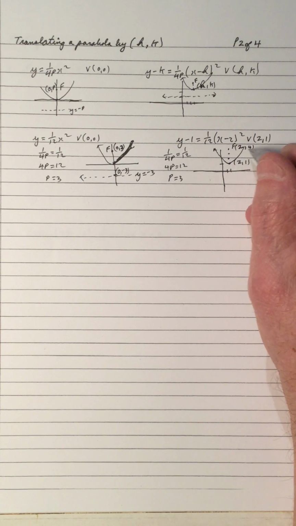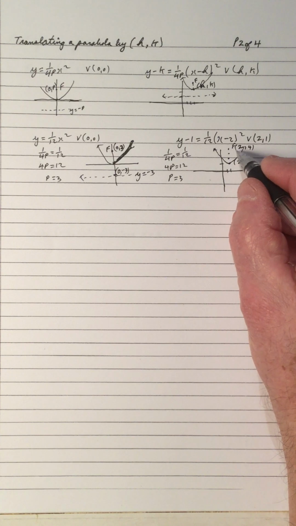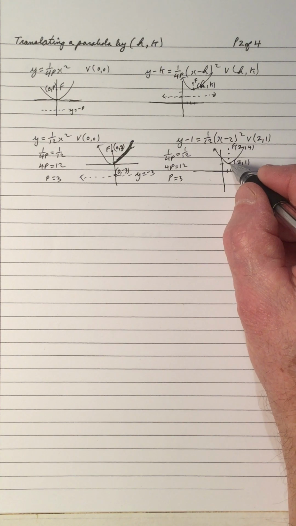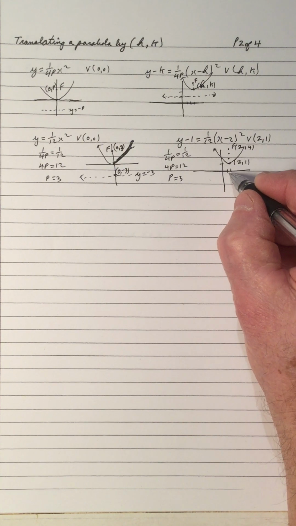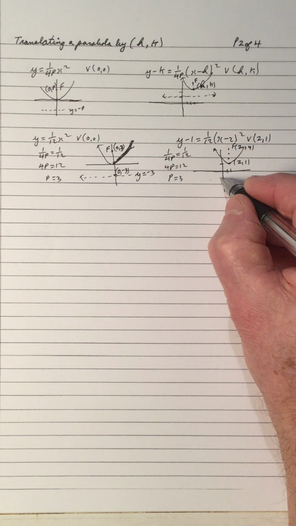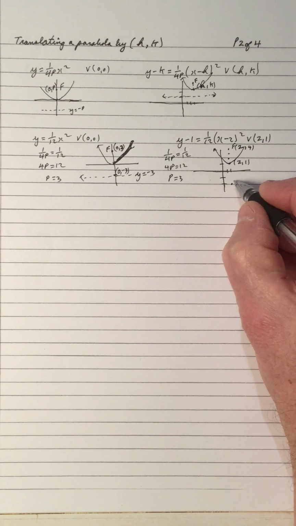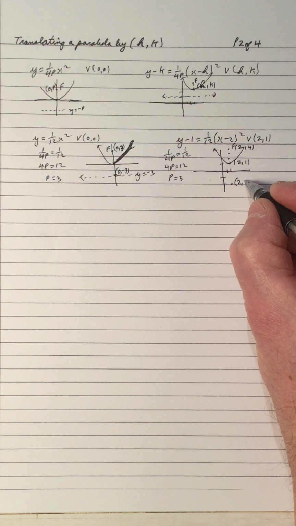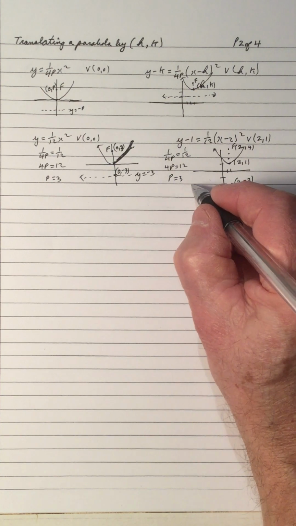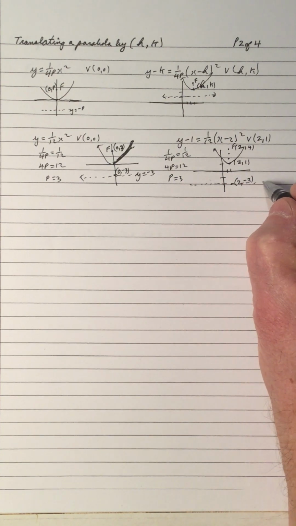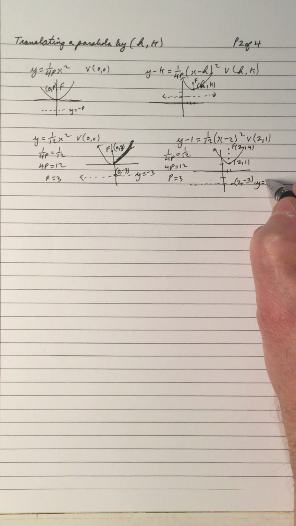We move it over and up. And the directrix is 3 units below the vertex, so from (2, 1) this moves down 3: 1, 2, 3, right here, so this is (2, -2), and the directrix is y equals -2.